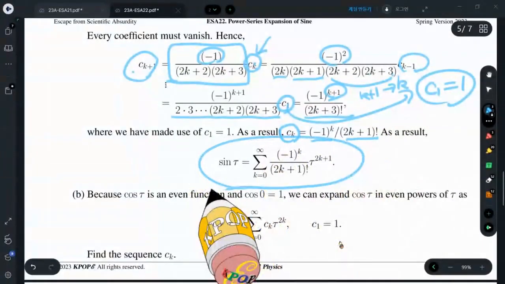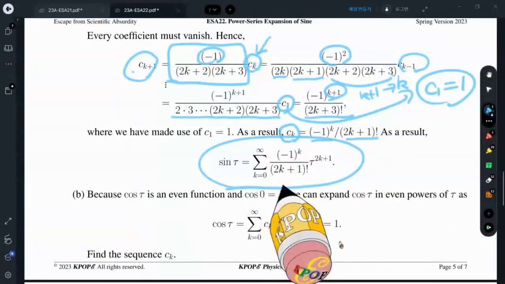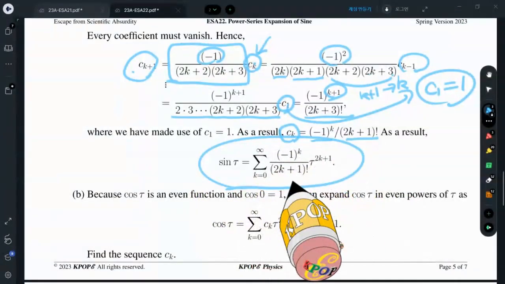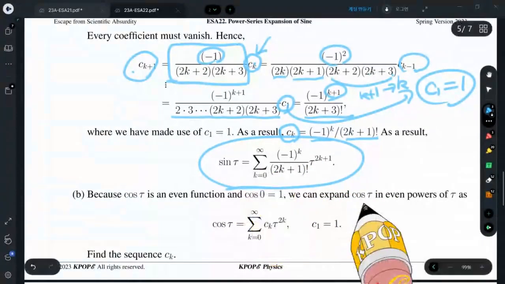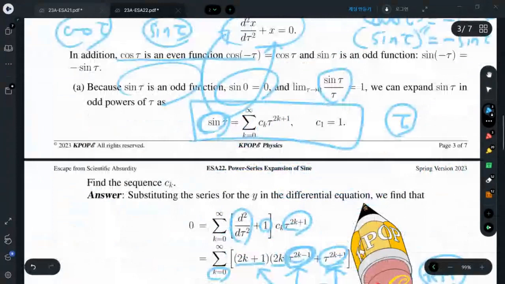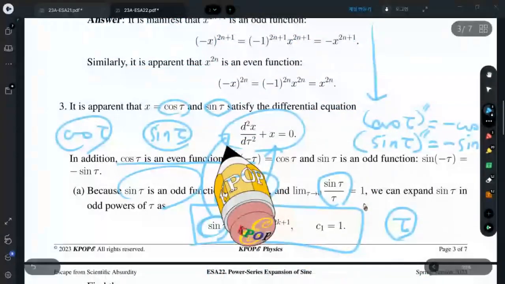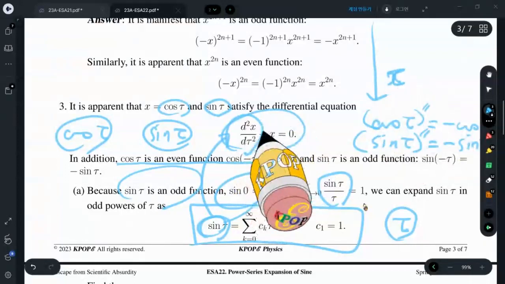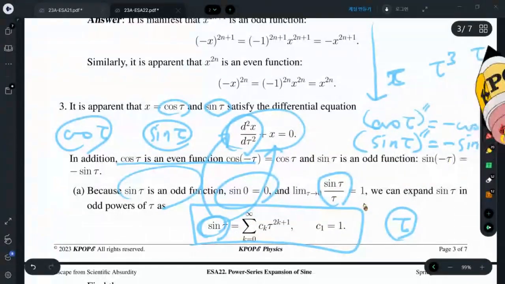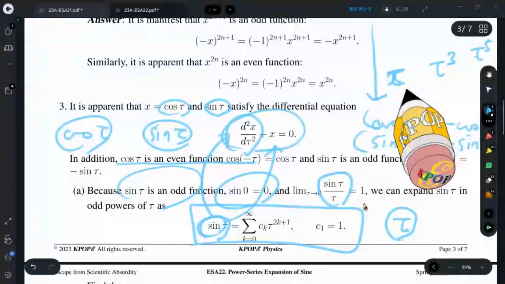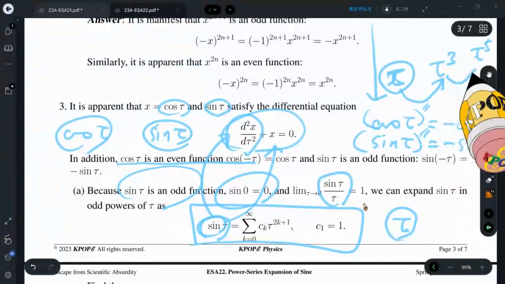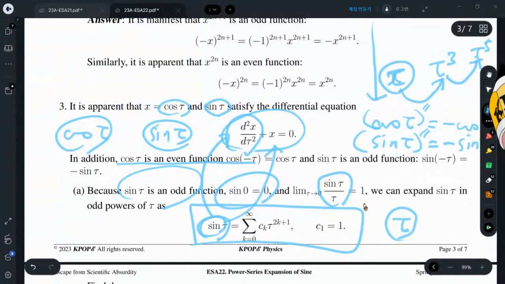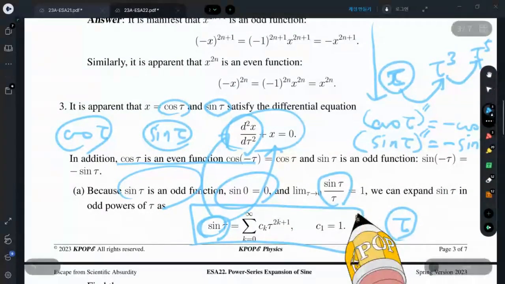As a result, that power series expansion is completely determined as this kind of series. Why? There was only a single parameter that is free, because first order x, tau, and then cube, fifth power, anything. This one determines this, and this one determines this in series. So only two parameters survive.